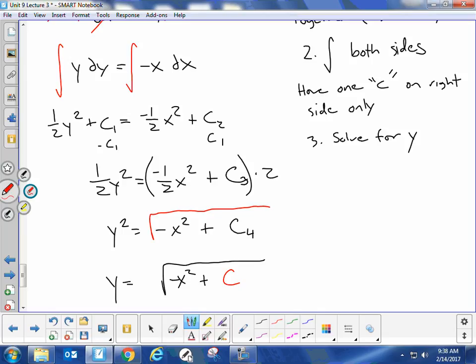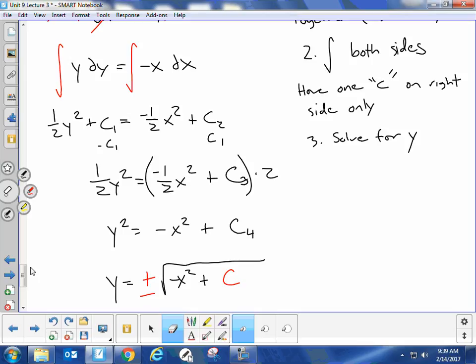And since we're square rooting something squared, the original value could have been a positive or a negative. We need a plus or minus there for this specific situation. Okay. Boom, we have just backwards implicitly differentiated. We've just implicitly anti-differentiated. Let's do another one.